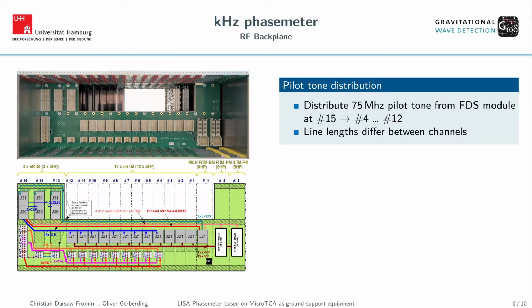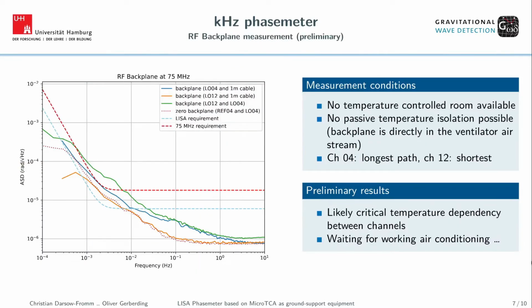To have a high enough phase stability, the stability between all those channels needs to be high enough. So the drawback of this current implementation of the RF backplane is that the lines here have different length, and we can see that in terms of temperature coupling, which is visible on the next slide.